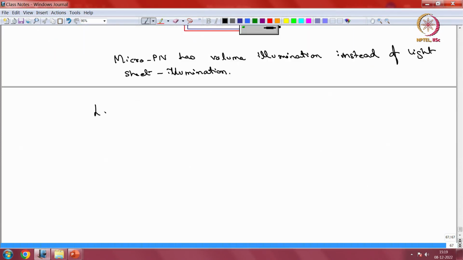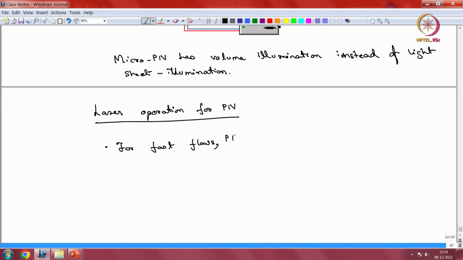In a laser operation for PIV, for fast flows, PIV usually requires a double pulse laser, and we will see why that is the case, but I am just stating the issues here.